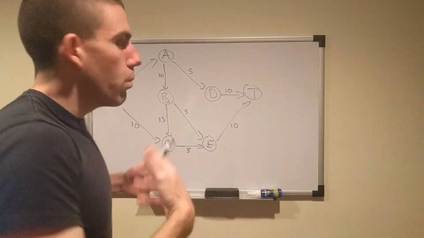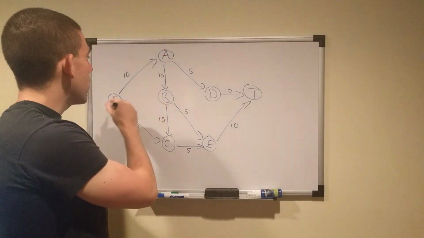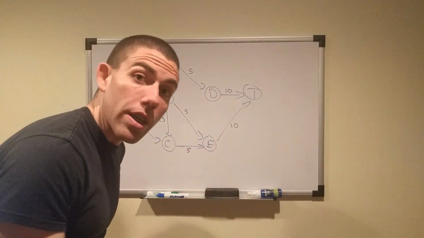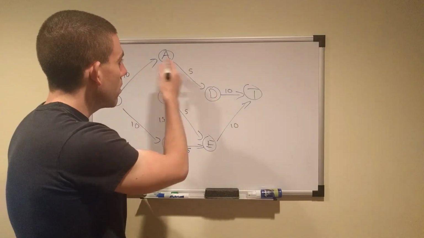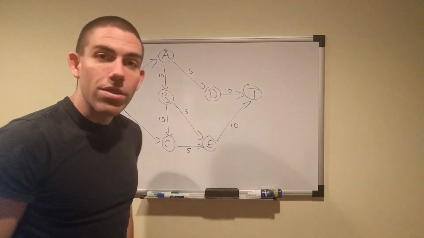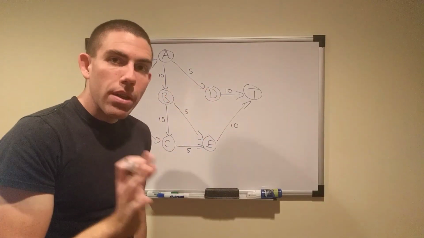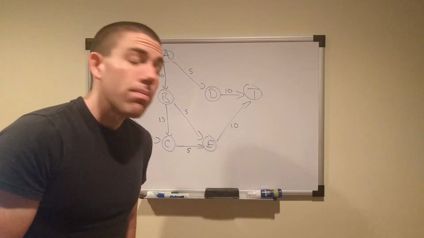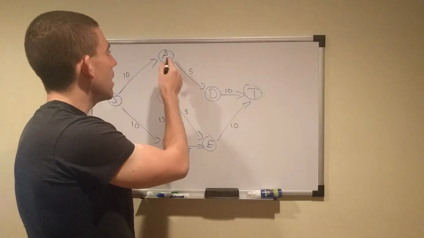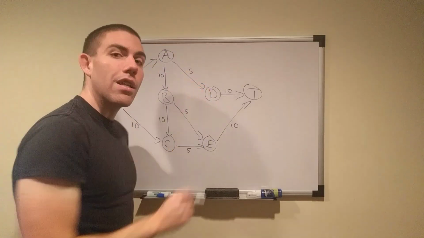So, first, what's the goal of the algorithm? Well, the point is to send as much of whatever commodity we're talking about from S to T along these positive weighted edges. The only rule that we really have to be considerate of is the conservation of flow. Whatever amount we send into a vertex must then immediately leave that vertex.